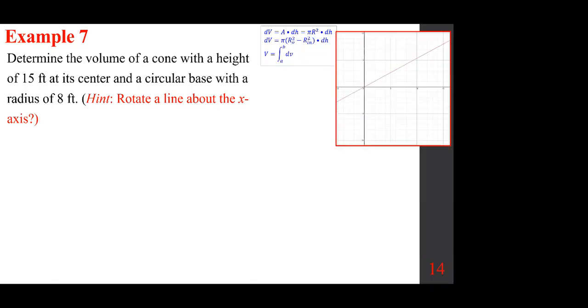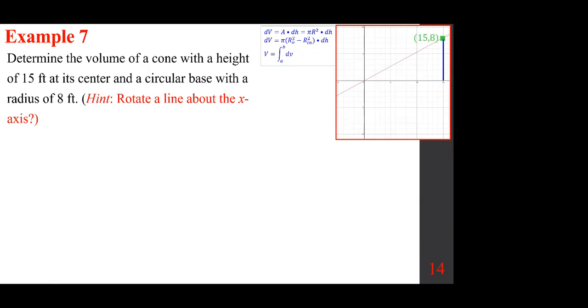Here's the line. If you look at that, class, it has coordinates 15, 8. That means this is 15. This is 8.